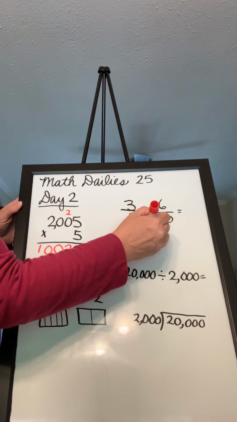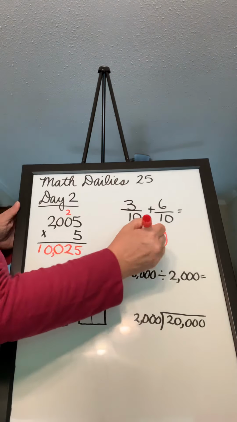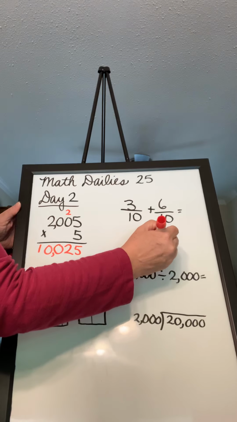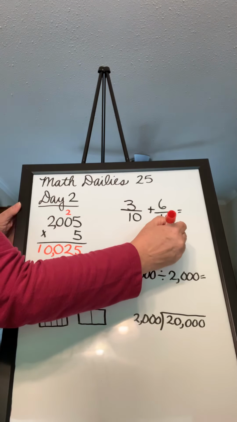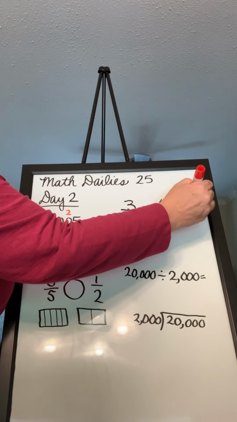Ross ate 3 pieces. He was pretty hungry, but Brady was even hungrier and ate 6 pieces.